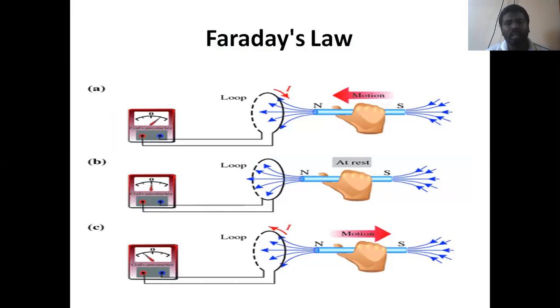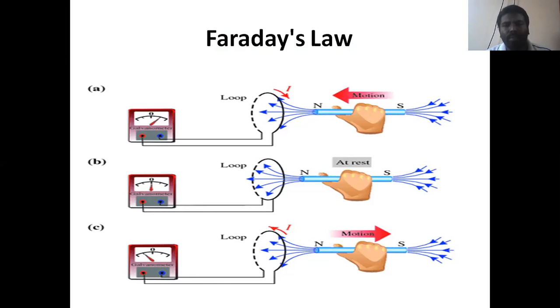Here we take a magnet inserted towards a loop, that means a coil. If we move the magnet towards the coil, it produces an electric field, which is detected by a galvanometer. We can see the deflection produced on the galvanometer.